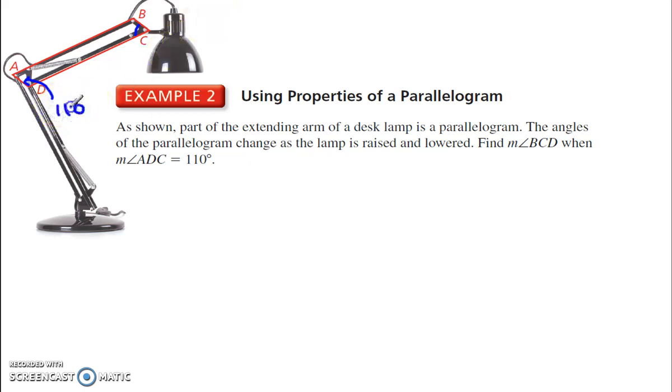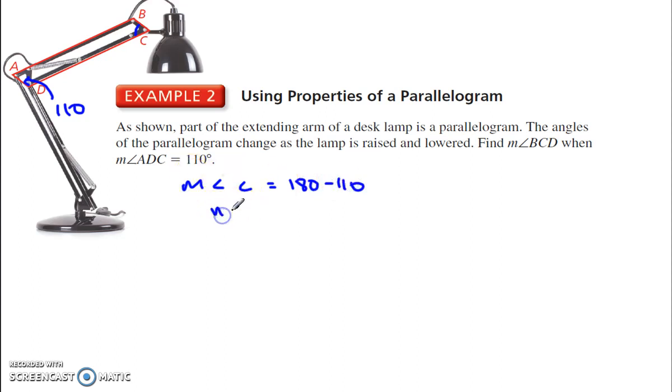So those two angles are consecutive, and consecutive angles are supplementary. That means they add up to 180. So the measure of angle C is equal to 180 minus 110.